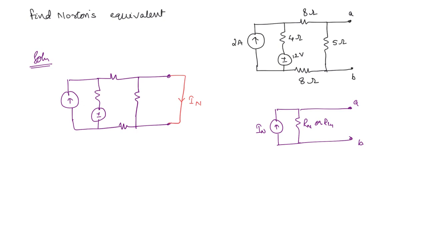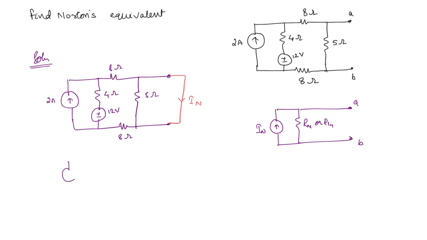What are these values? This is 2 ampere, 4 ohm, 12 volt, 8 ohm, 5 ohm and 8 ohm. You can see that there is a voltage source in series with resistance. This you can apply source transformation.